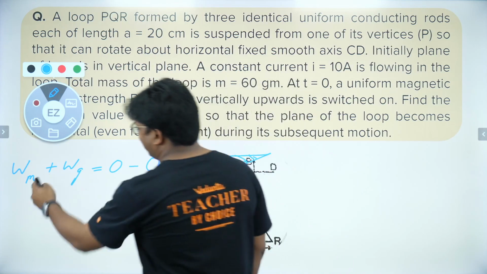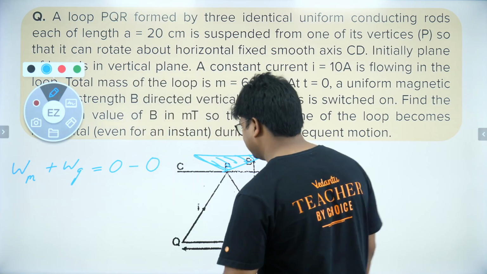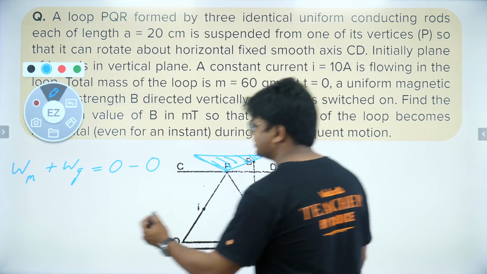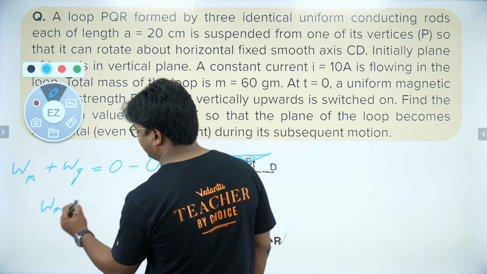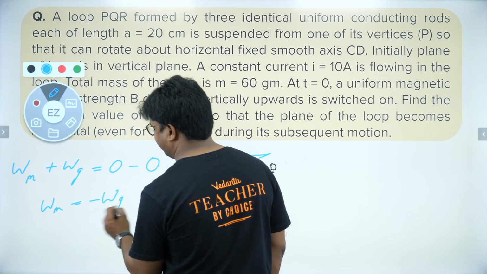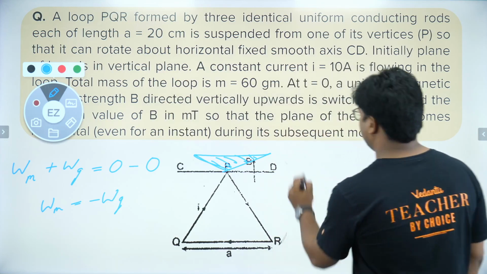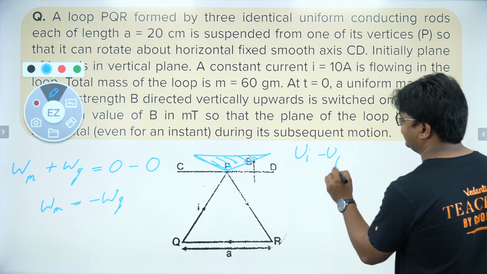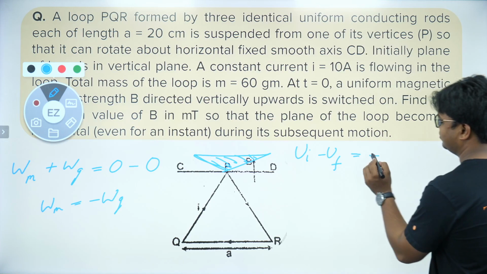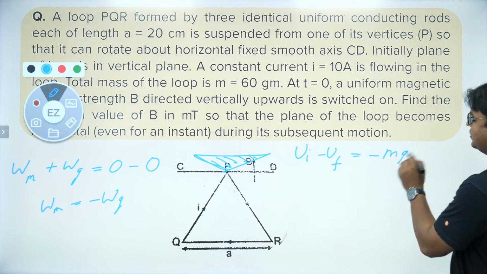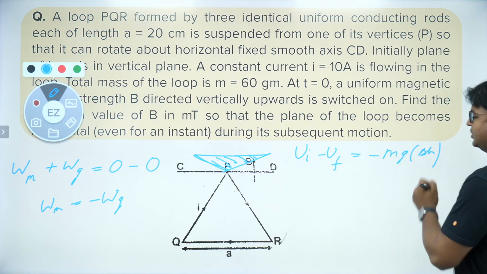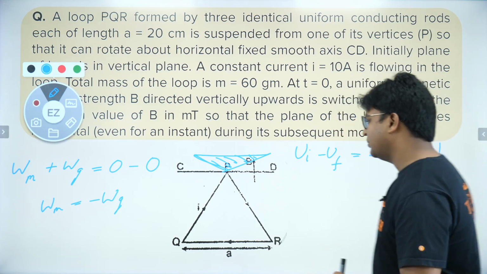So work done by magnetic field is the negative of work done by gravity. Work done by magnetic field is U initial minus U final, which equals minus mg delta h. U initial is how much?